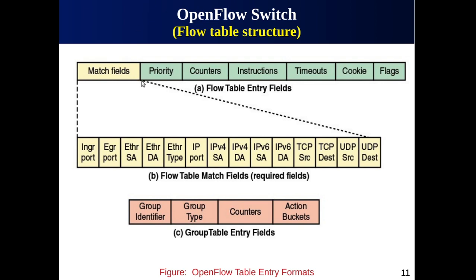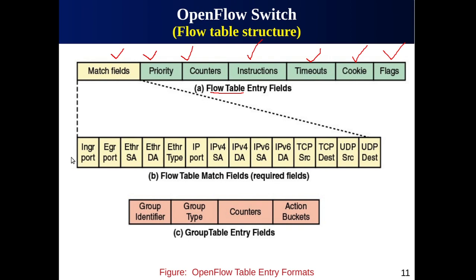Within each flow table, we have 7 different components. And we have different entries. Every row is considered to be an entry, and we also have subfields. Like you can see, a field of a flow table could have multiple entries, multiple required fields.